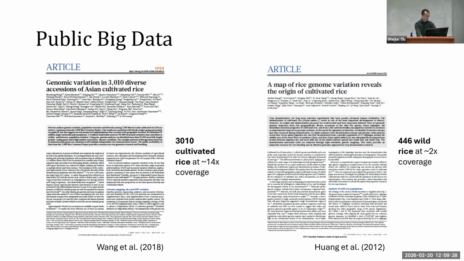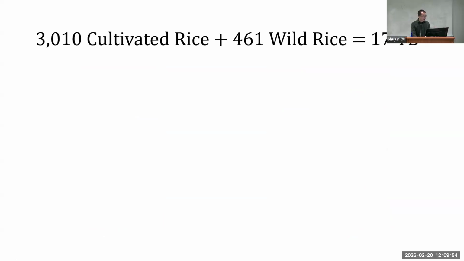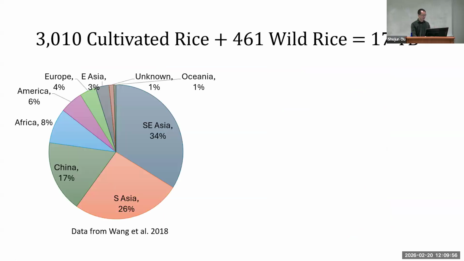The opportunity came around the 2010s, when people started to sequence many rice accessions. There are 3,000 cultivated rice genomes sequenced at 14x, and 446 wild rice sequenced at 2x coverage. So at that time, I decided to combine them to have a full picture of rice domestication. Combined, it is 17 terabytes of raw data.